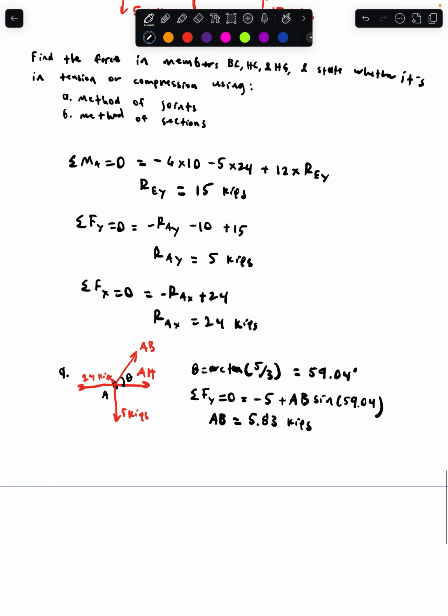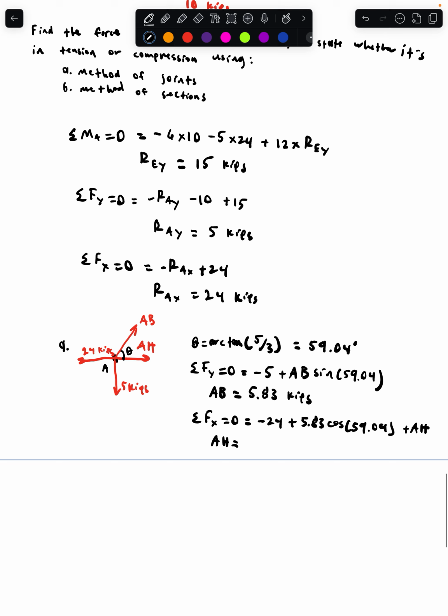And then for AH, we can do the sum of the forces in the x direction is 0. So we have -24, then we have positive 5.83 times the cosine of 59.04, and then plus our member force AH. So then solving for AH, we're going to get 21 kips.